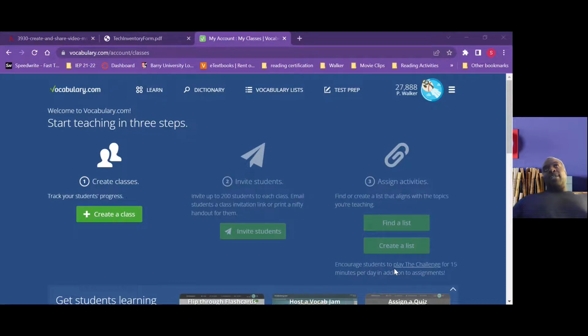Now, the cool part about vocab.com is that when I used to just do vocabulary, it would be a lot of ACT words, SAT words, and a lot of it was in a vacuum type situation, just rote memory.